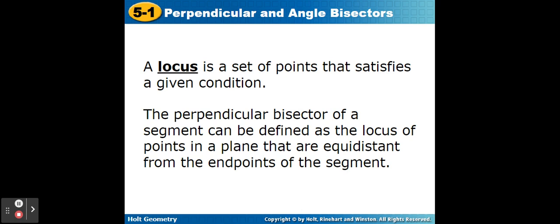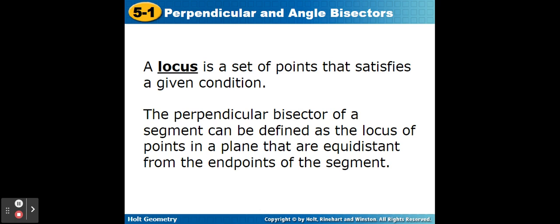So the perpendicular bisector of a segment can be defined as the locus of points in a plane that are equidistant from the endpoints of the segment. And that comes from the perpendicular bisector theorem that we just introduced.